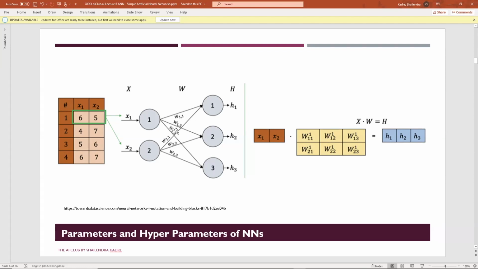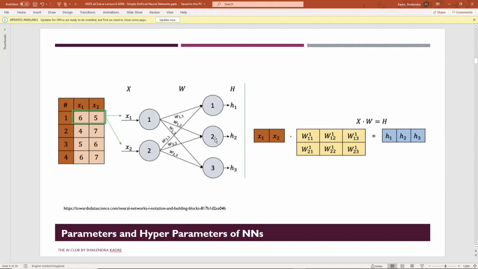The second input neuron also is connected to each and every neuron of the hidden layer. All neurons are connected to each other, and the feed is going forward. Nothing is backward. So we call these dense layers, or densely connected layers, because all the neurons are connected to each other.